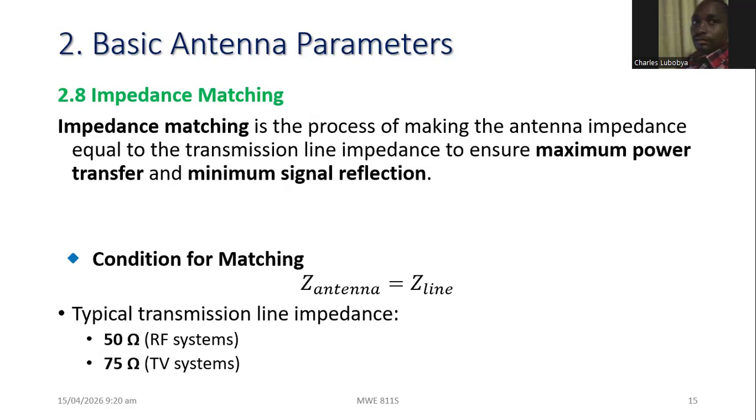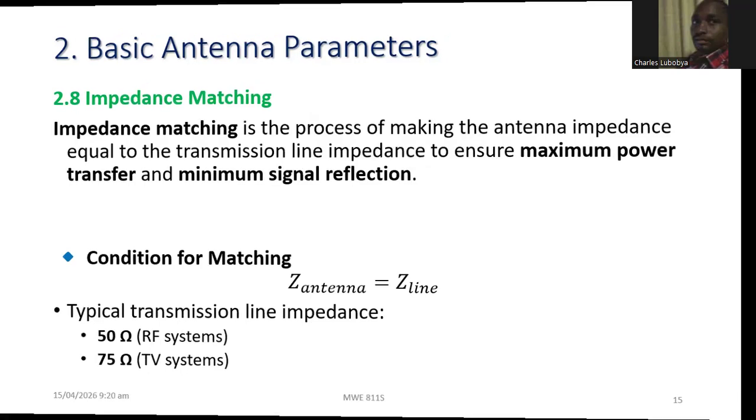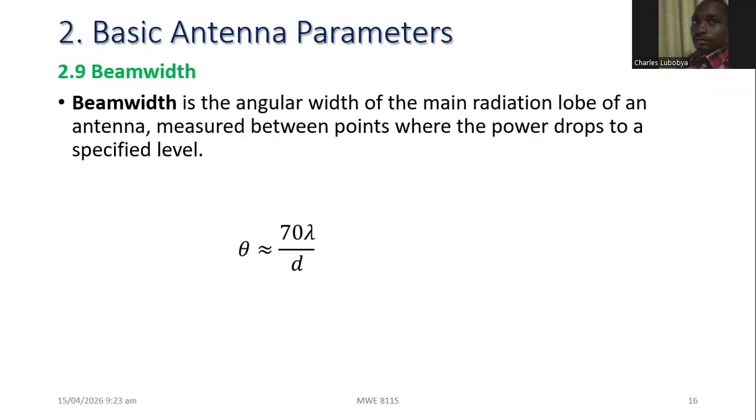It must actually be equal, because that now becomes the load resistance. So the antenna impedance is essentially the load impedance, so it must be equal to the characteristic impedance of the transmission line.